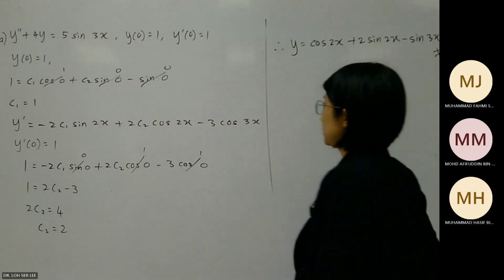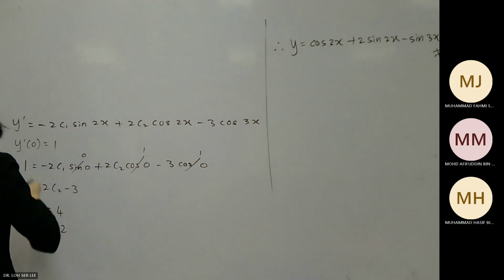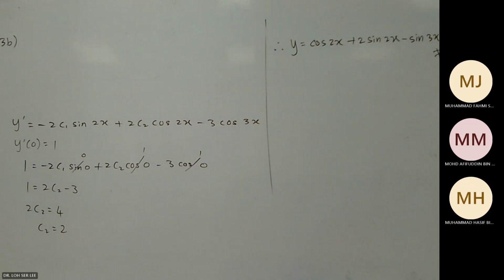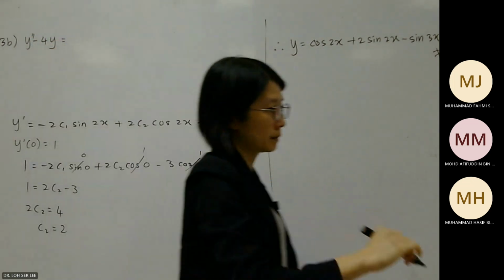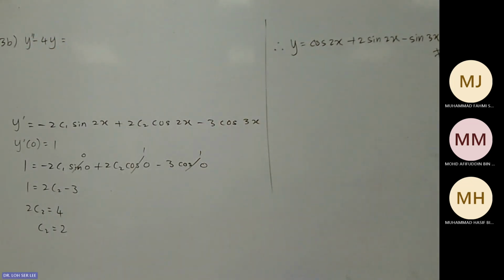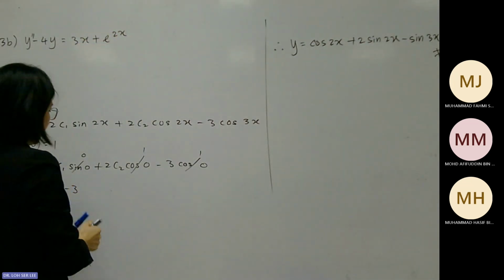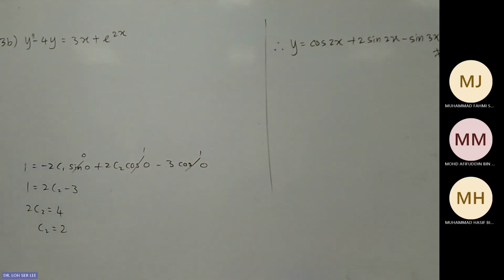Okay, now we look at the last one. The last question, 3B. The right hand side is 0.